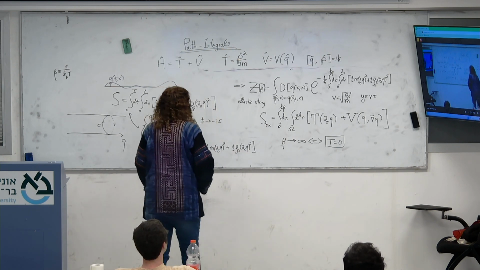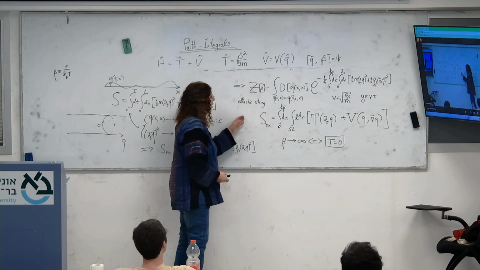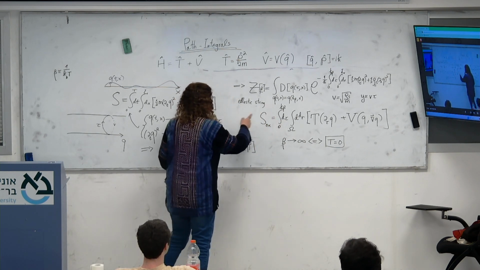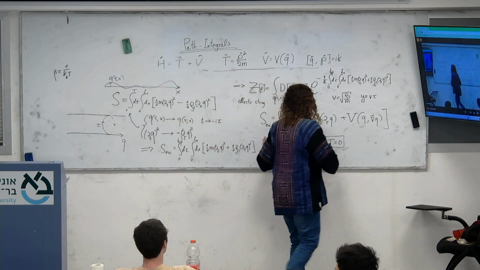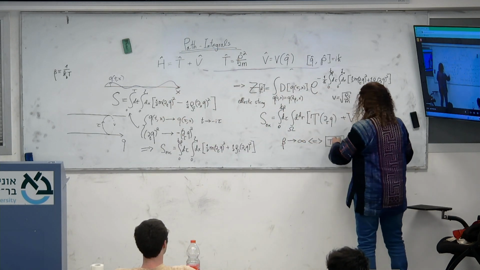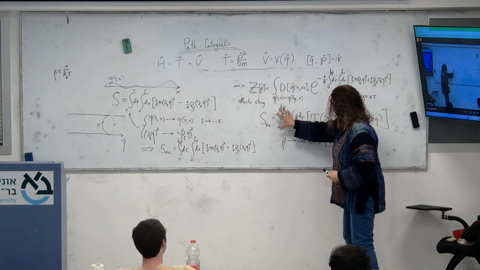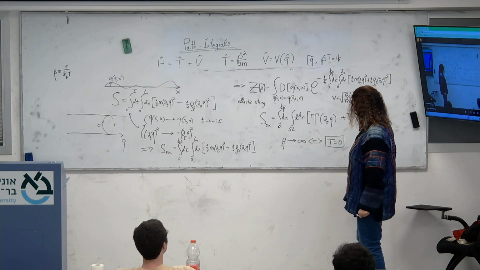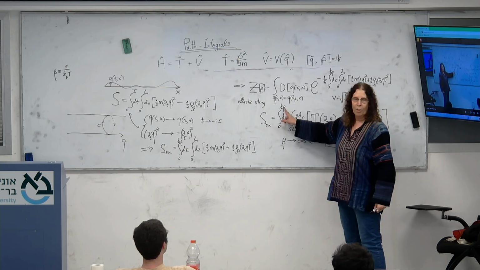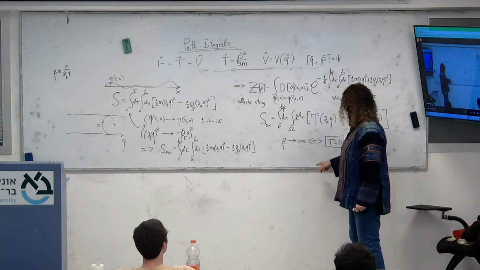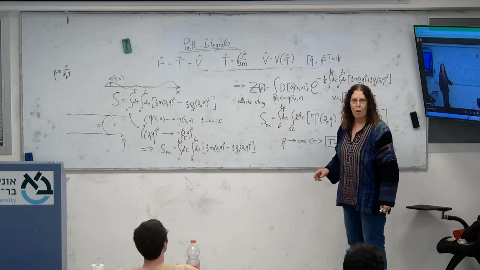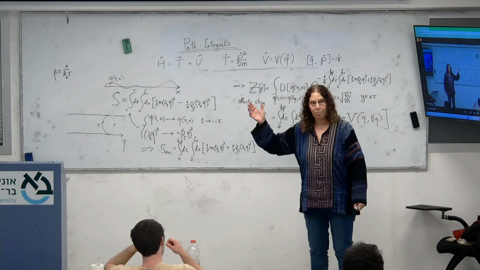Now, let me just show you here, if I take this Euclidean action and take the opposite limit, where beta is not going to infinity, but beta is small. Beta small is high temperature.